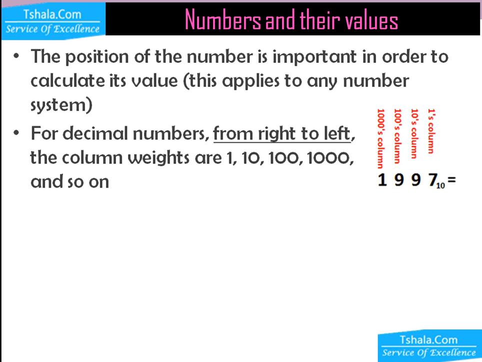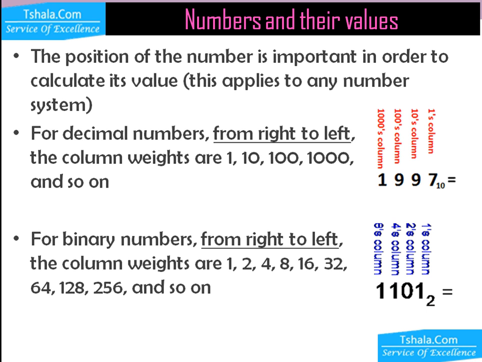So if we had a bigger number, the more left we go, we have to multiply by 10, as displayed here. This is the ones column, tens column, hundreds column, thousands column, and so on.